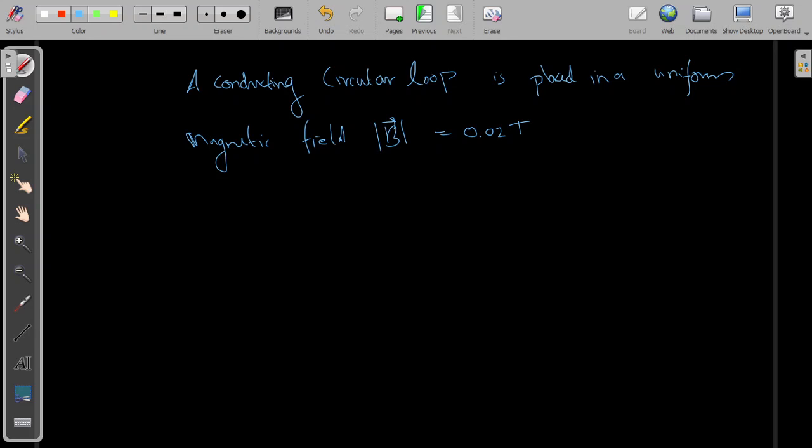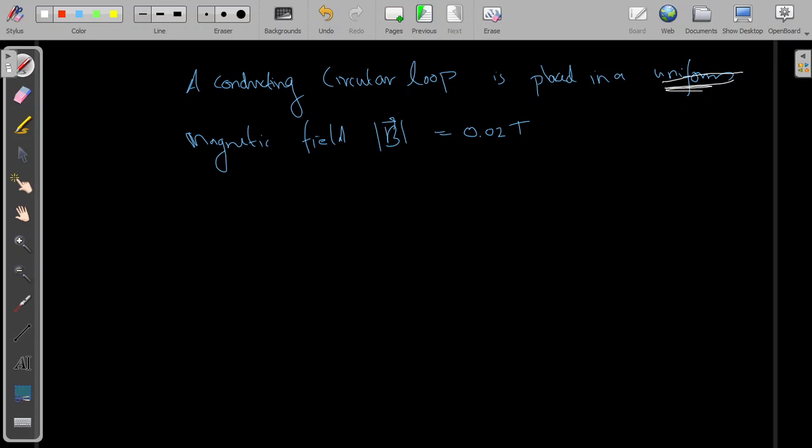That means if you take any point in that uniform magnetic field, then the magnitude of this magnetic flux density will be 0.02 Tesla everywhere. That is what I mean by uniform. Uniform means equal.